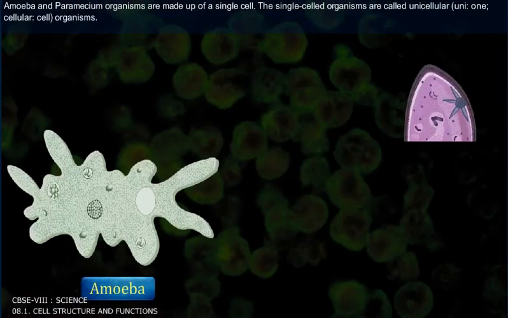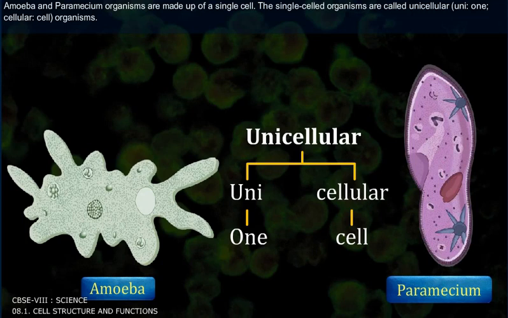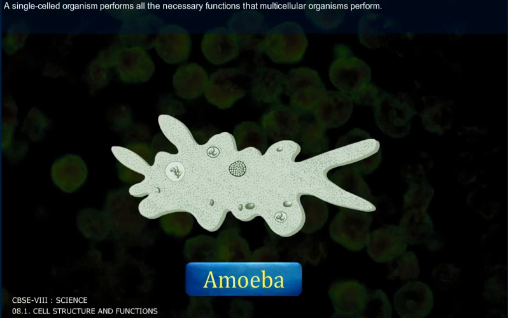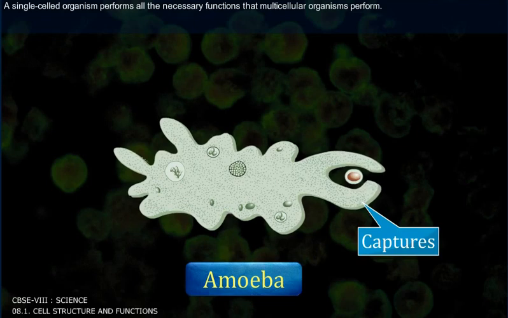Amoeba and paramecium are made up of a single cell. The single-celled organisms are called unicellular organisms. Uni, one, cellular, cell. A single-celled organism performs all the necessary functions that multicellular organisms perform.